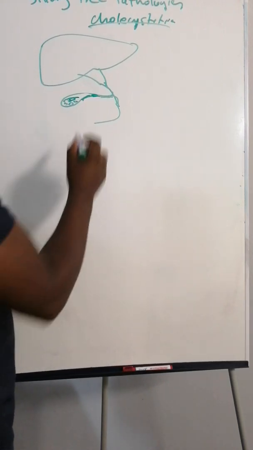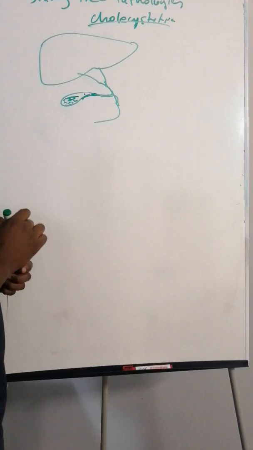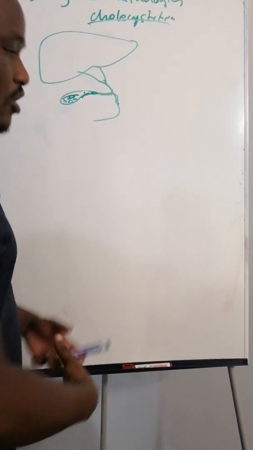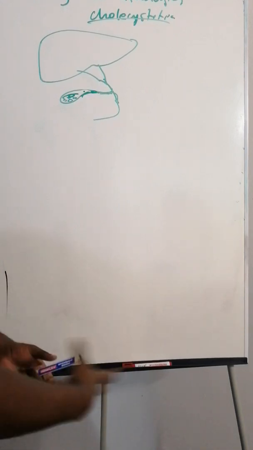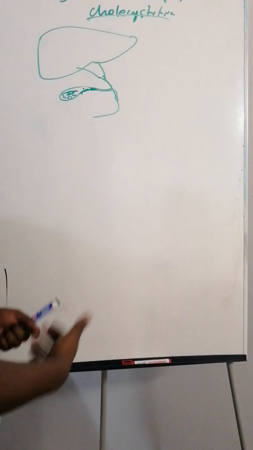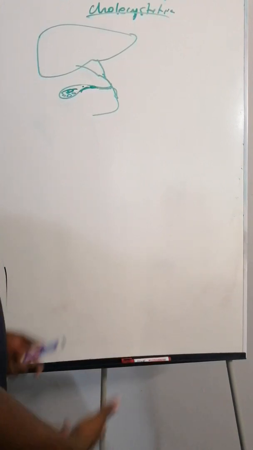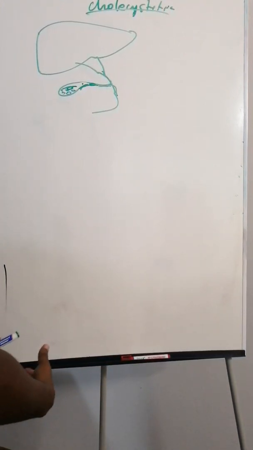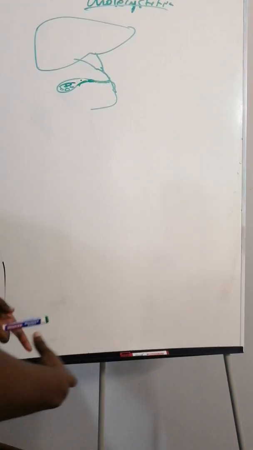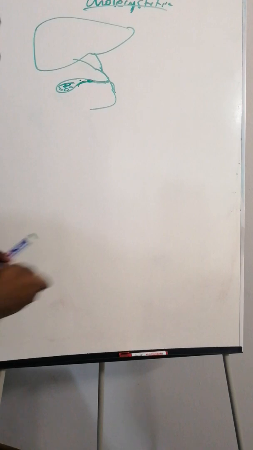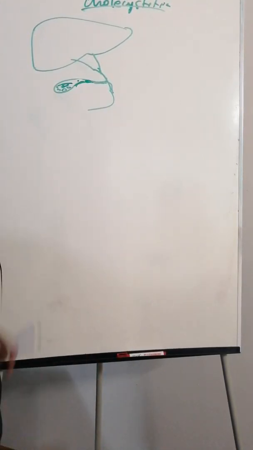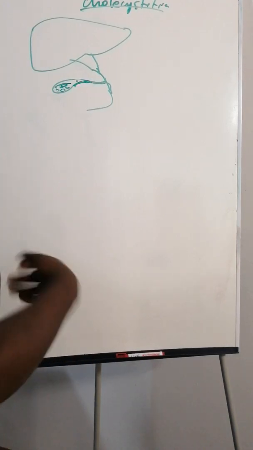Why would a stone stay here and then fall back? When there's obstruction, the gallbladder will try and overcome the obstruction and try and push, because it knows that I need to get bile to the GI system so that I can absorb those fats. So it will try, but as long as it tries, it increases pressure inside the gallbladder and pushes that stone. But when it relaxes, that stone has got a chance of falling back.